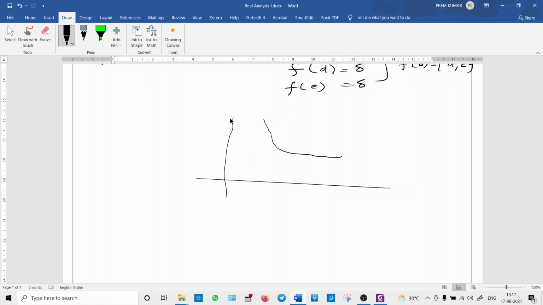So this is y and this is x. Suppose this is the point A and this is the point B, and we call this y equals f of x.